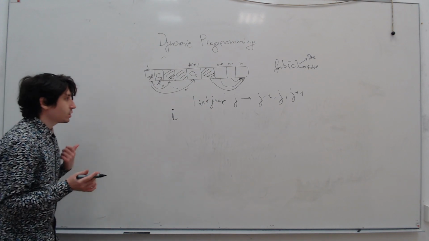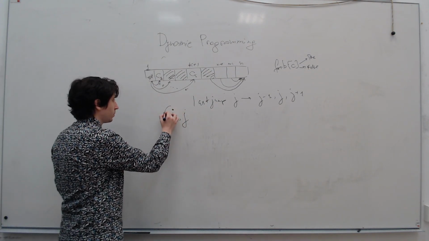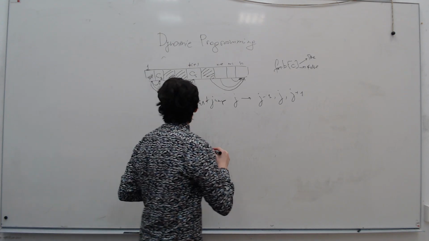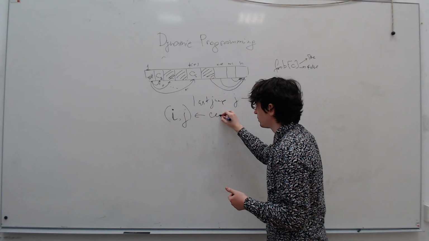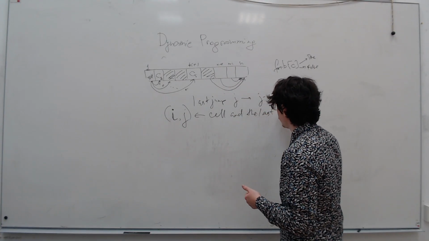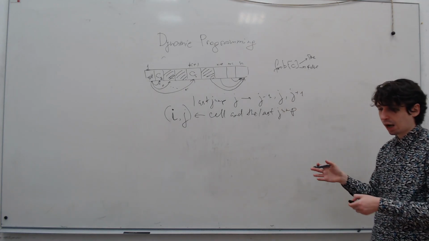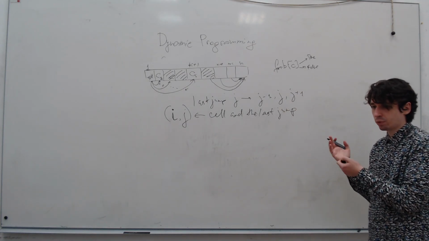To be more precise, you need only j. So the state will be the cell and the last jump. We maintain the cell and how high the last jump was.